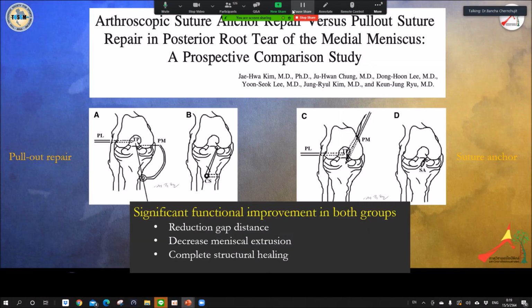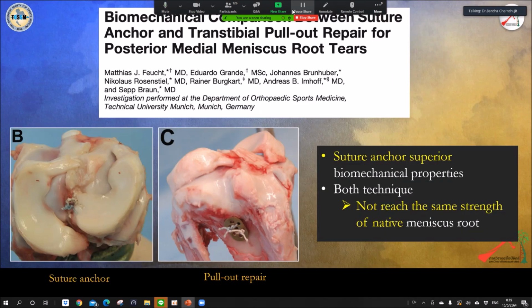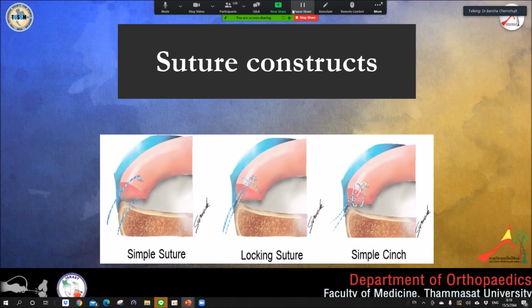So there's a study comparing the suture anchor and the transtibial technique. Okay, both techniques improve the clinical outcome, but one mechanical study found that suture anchor has better biomechanical properties, better fixation, and less problem about the elongation after the repair. Okay, so nowadays the suture anchor technique becomes more and more popular.